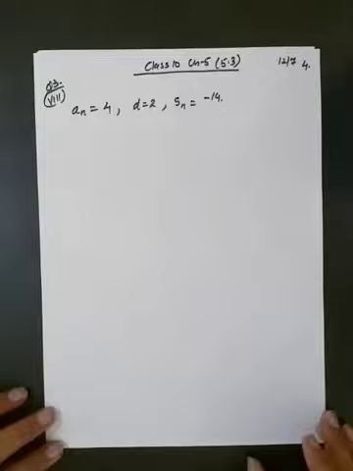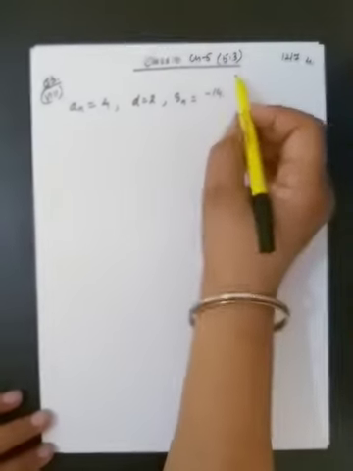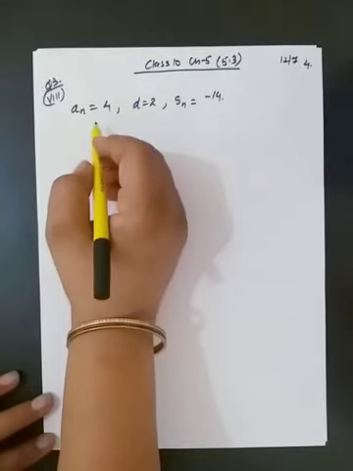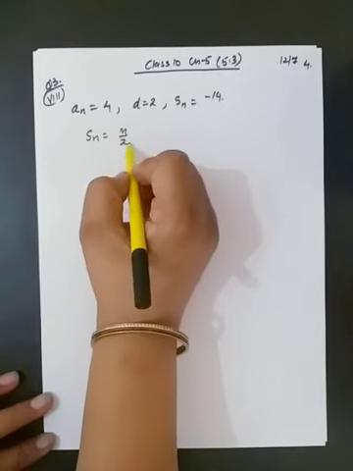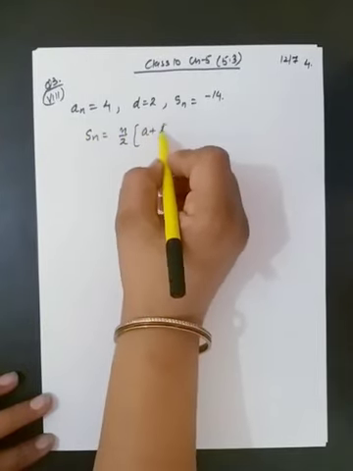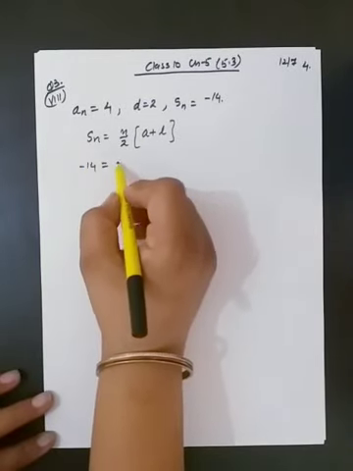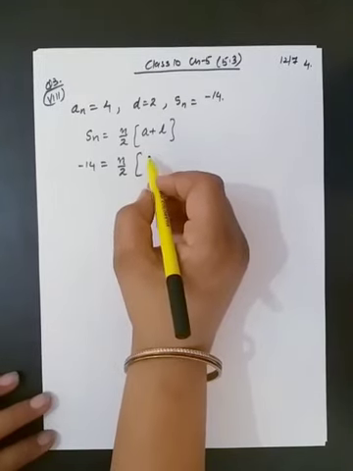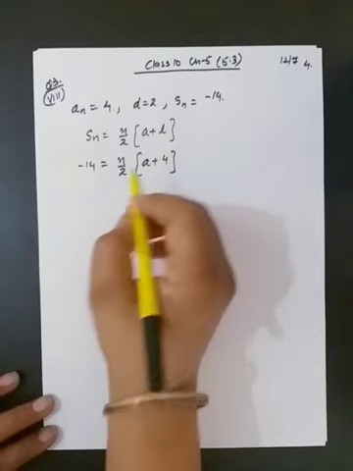Let us start part number 8 of question number 3, exercise 5.3. Here Sn and an are given and d is given to you. So we can apply the formula Sn is equal to n by 2 into a plus l. So we can write Sn is minus 14, n is not known, a is not known, and an is 4.